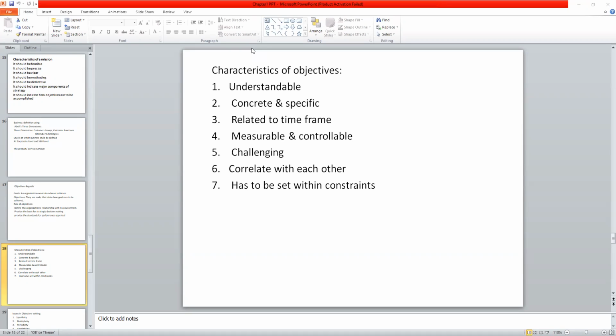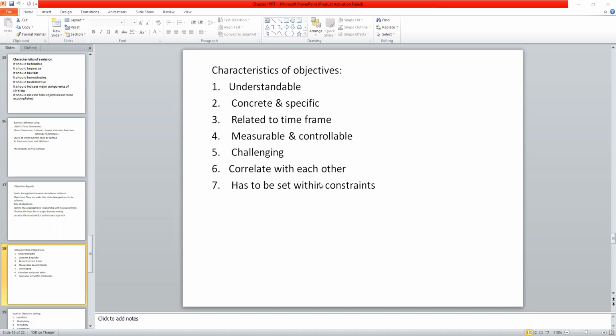Suppose the company thinks of offering the products at an affordable price, but here again the production department should be able to cater to this objective of the marketing department, where pricing is one of the important factors or strategies. So there should be correlation among the objectives.